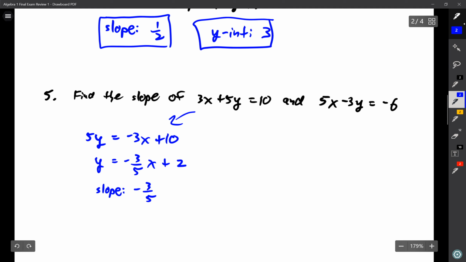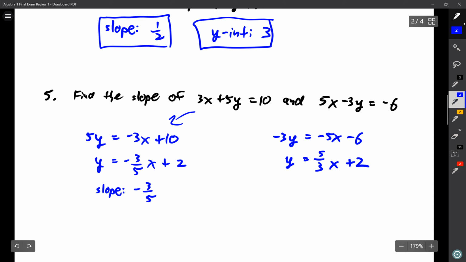And then this one, I'll get -3y equals -5x, because I threw the x chunk to the other side, minus 6. Now we need to divide everything by a -3. So that gives me y equals positive, because -5 over -3 is a positive 5/3 x. And then negative 6 over negative 3 gives me a plus 2.